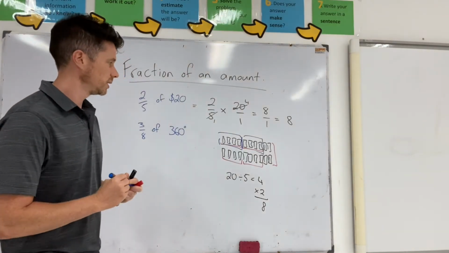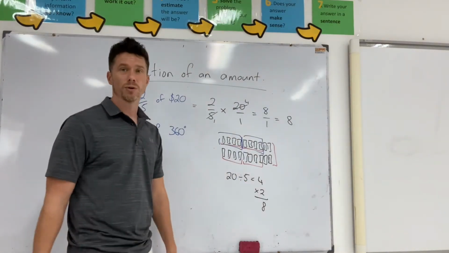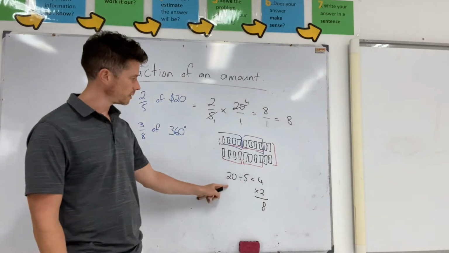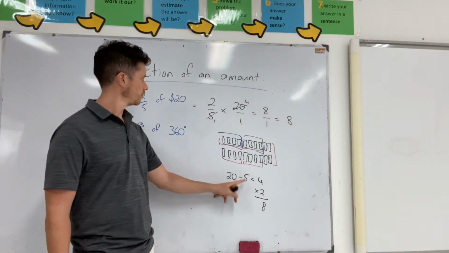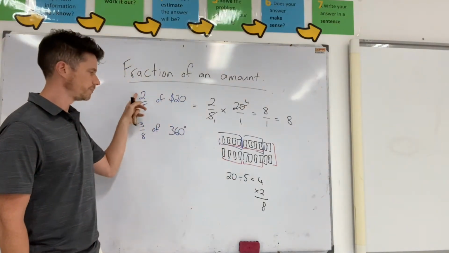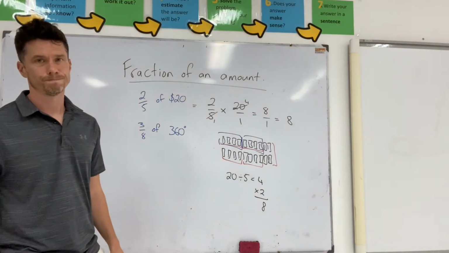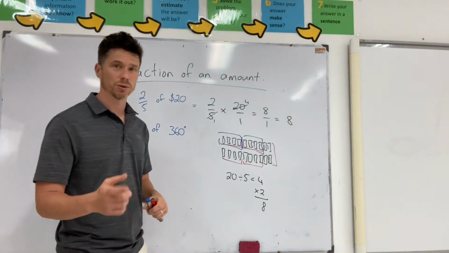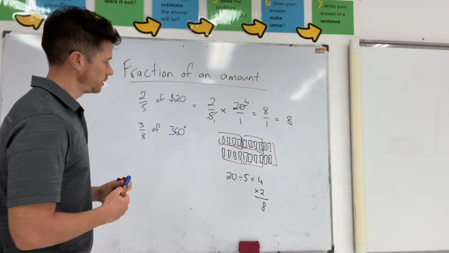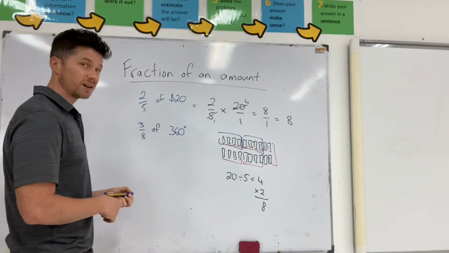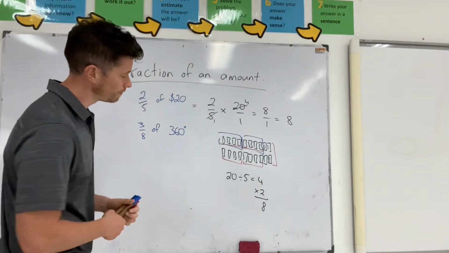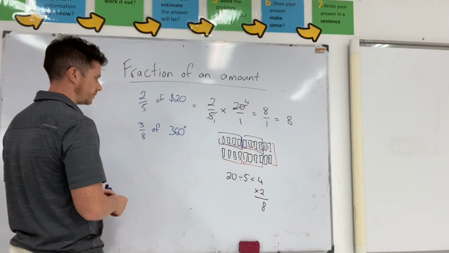Now, by doing this method, I've created another method, which is dividing by the denominator, 5, and multiplying by the numerator, 2. This is another method, and that's used a lot in fractions of amounts and ratios especially. So I'll use it for this question.